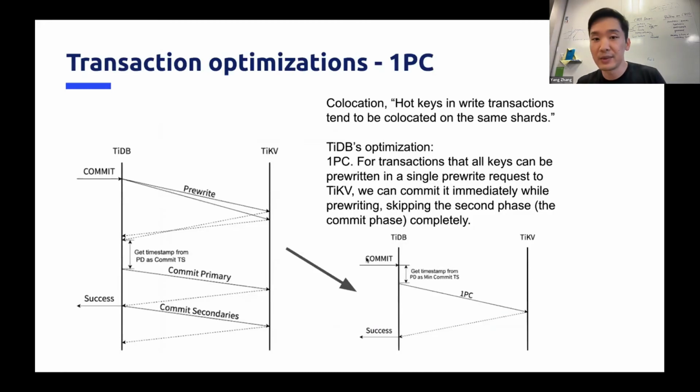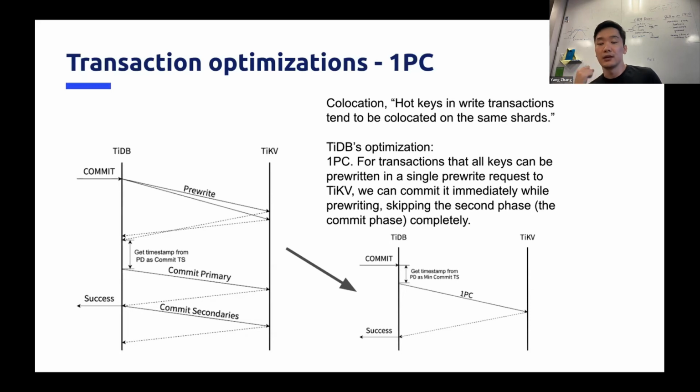The second optimization I want to talk about is one-phase commit. As mentioned earlier, co-location is another thing observed in social network scenarios. TiDB's optimization for that is one-phase commit. Because we're a distributed database, and a transactional one, transaction guarantee is what we provide to our users.